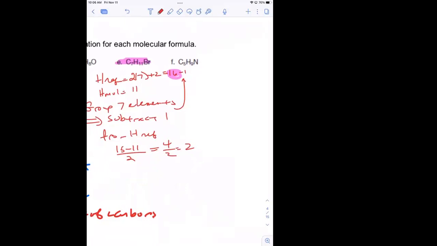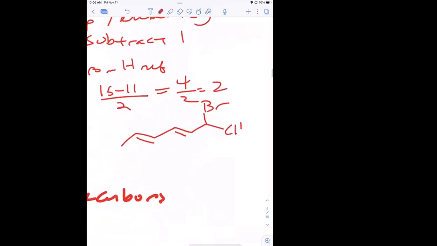So if I had to come up with a structure for that formula, well, there's a couple that I can think of, but let's do this. Let's see if we can do 7 carbons and then put 2 double bonds in and a bromine and see if it matches. Right? So we know we got the carbon and bromine, that's no problem. We need to count up the hydrogen. So this will be a CH3.